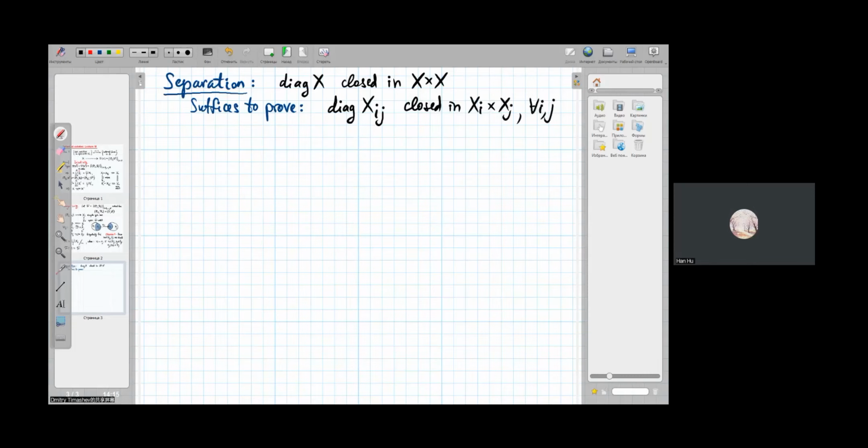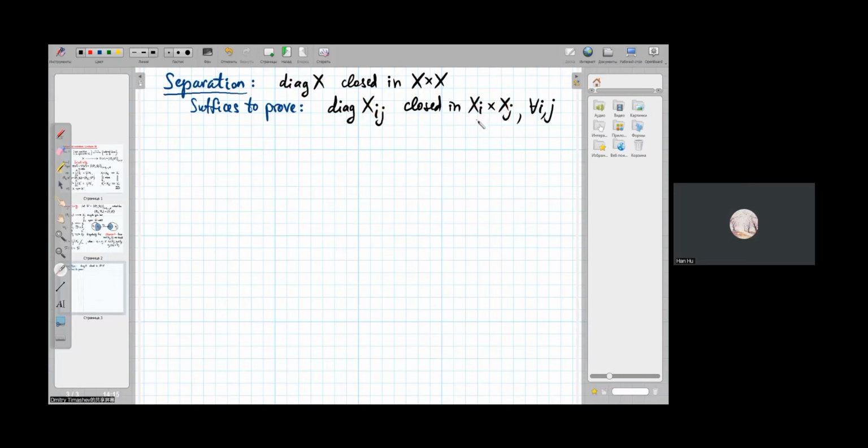Why do we only need this? Well, because these open subsets cover the whole X cross X, and if you intersect this diagonal with Xi cross Xj, you obtain this, because Xi cross Xj are glued exactly along this set.